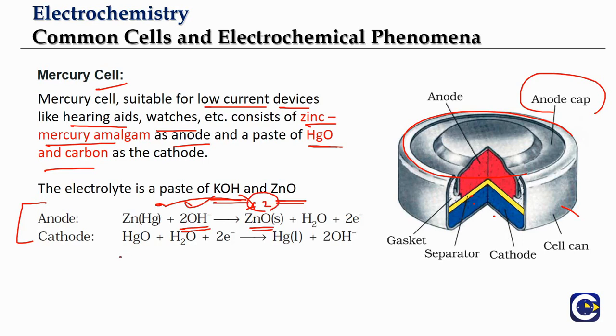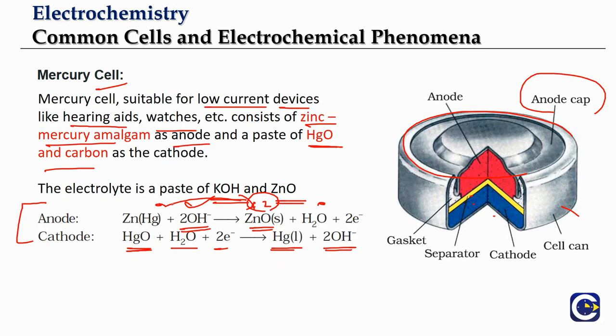Now if you see the cathode, what is cathode? Cathode is consisting of HgO and carbon. So HgO at the cathode will react with the water produced, and this is basically reduction. It will absorb electrons. It is going to get reduced to mercury, and it is going to give back the 2 OH minus ions.